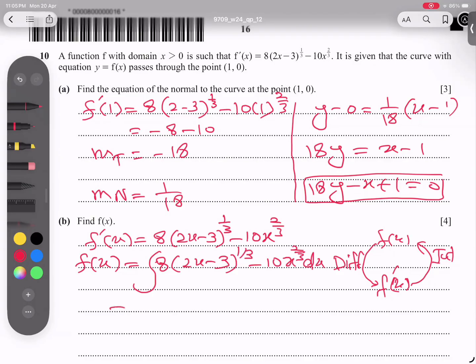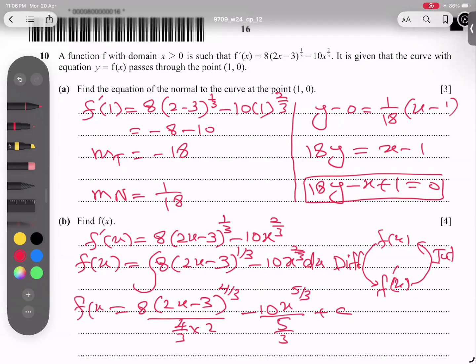When we apply it, we increase the power by 1. So we get (2x minus 3) to the power 4 over 3, divided by 4 over 3 into 2. This 2 comes from the derivative of the base. And for this one, increase the power by 1, so 5 by 3, divided by 5 by 3. And plus c is a must.